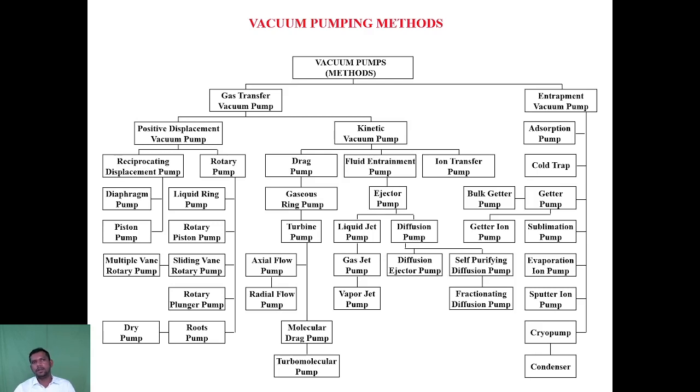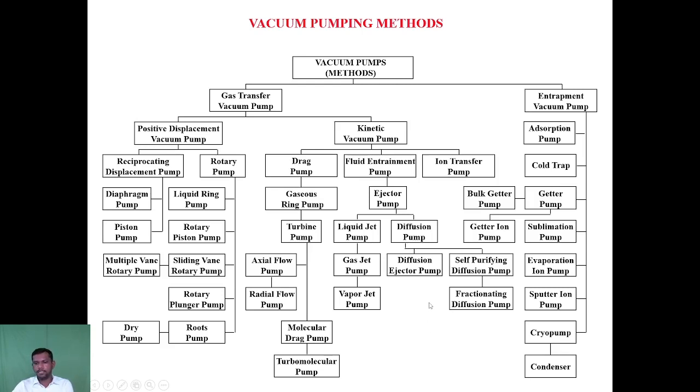For physical vapor deposition, that is for thermal evaporation method or pulsed laser deposition method, wherever we are going to deposit semiconductor material, definitely these pumps are present inside the system. Most importantly, rotary mechanical pump is always there, diffusion pump is always there, turbo molecular pump is also there.